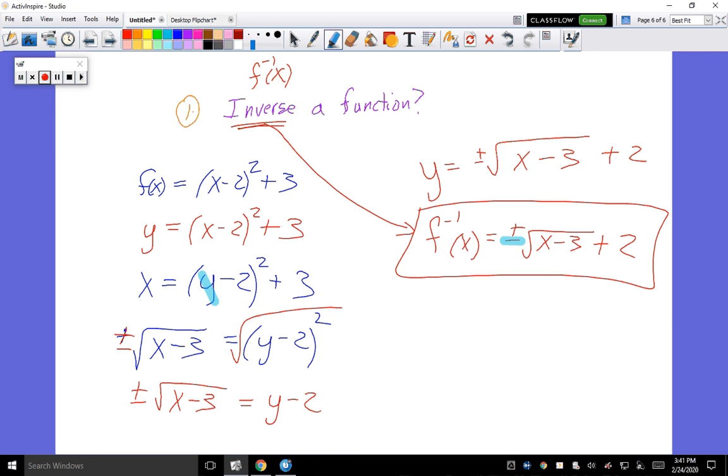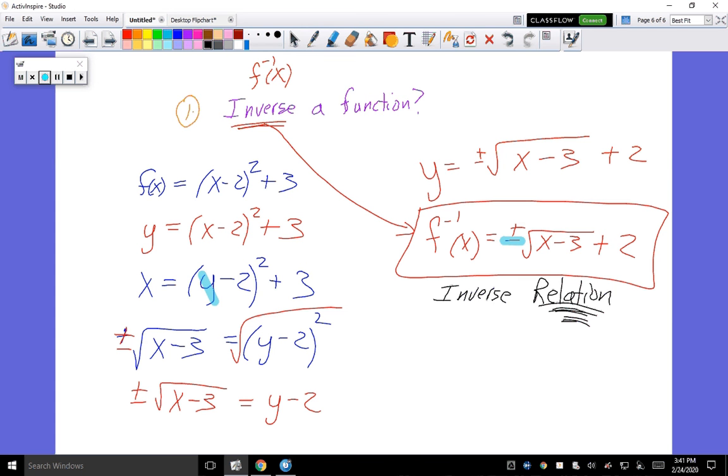Now listen. This thing that we just found, it's called an inverse relation. Yes, because an inverse relation can fail the vertical line test. Relations can fail the vertical line test all day. Functions cannot. You with me?